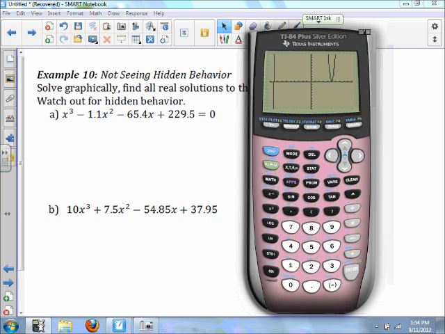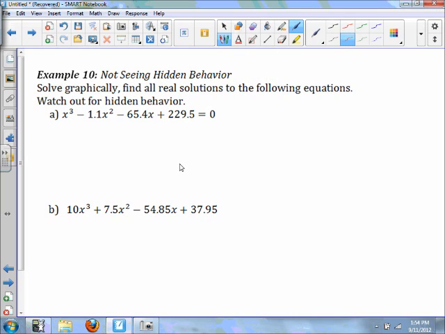Obviously, -9 will be a 0. So we'll go look at that one quick. Zero is at -9.